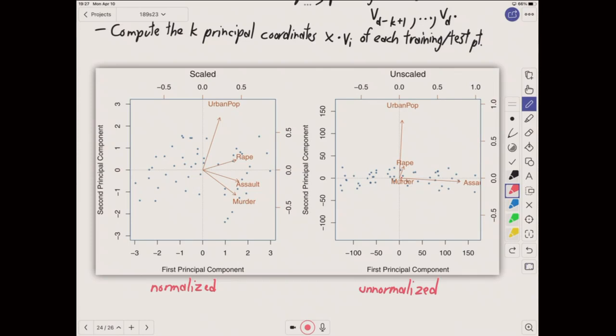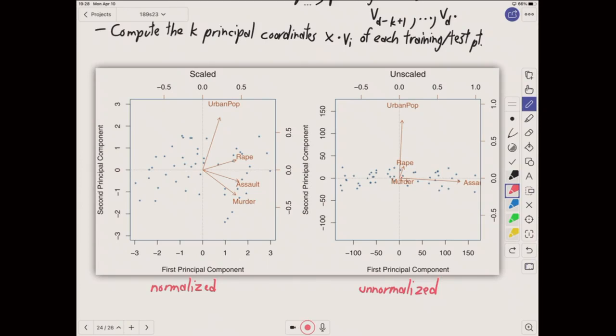Oh, well, there isn't a correspondence between data points and features here. We're not doing classification. There aren't rape data points and murder data points. They're just cities, different city data points. So the main effect that normalization has is it takes numbers that are very small and makes them bigger, and it takes numbers that are really big and makes them smaller.